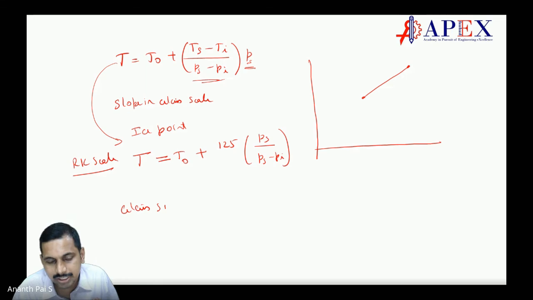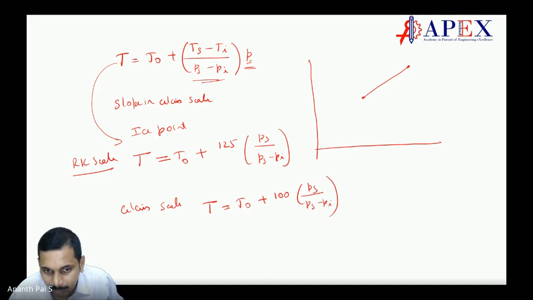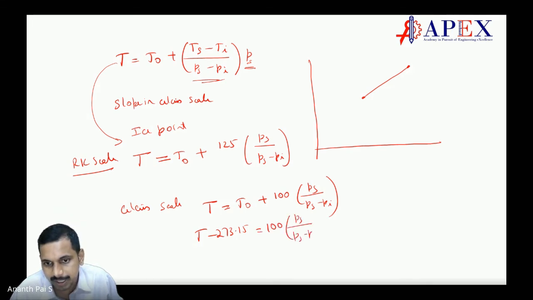So let us take the Celsius scale. T would be equal to T naught plus 100 into Ps divided by (Ps minus Pi). In the Celsius scale, T minus 273.15 is equal to 100 into Ps divided by (Ps minus Pi), correct?